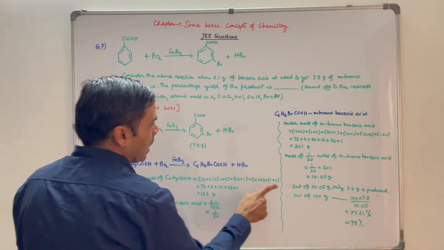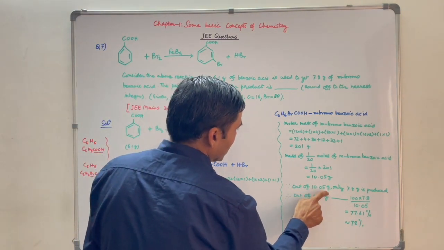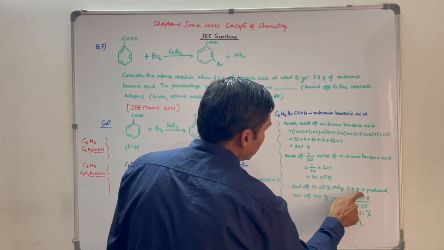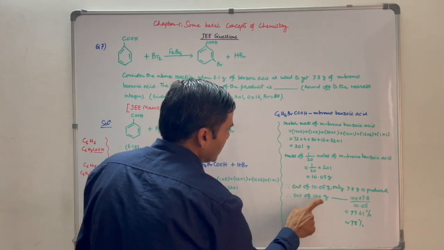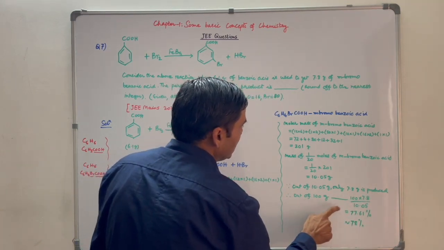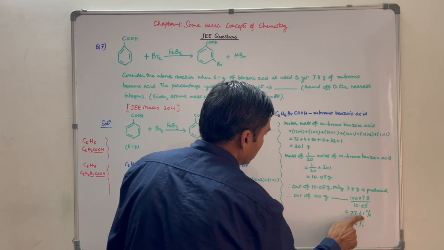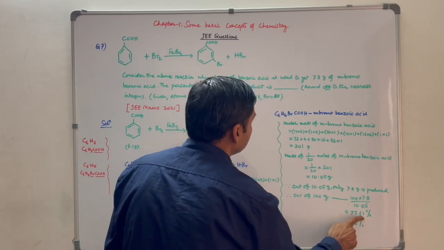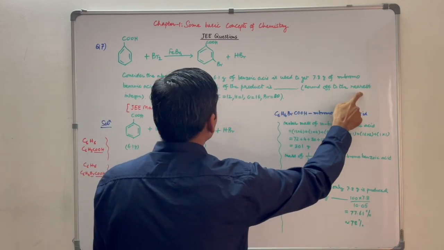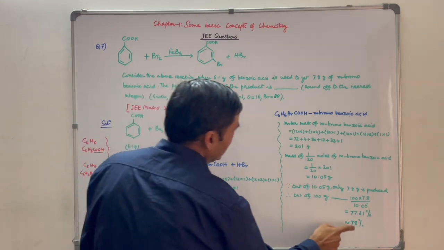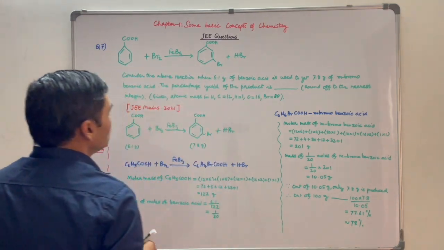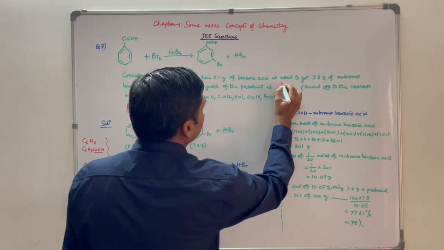So we will say out of 10.05 gram, only 7.8 gram is produced. So out of 100 gram, how much will be produced? It will be 77.61, and that is percentage. Now we have to round off to the nearest integer. It will be 78%. So we will write 78 here.